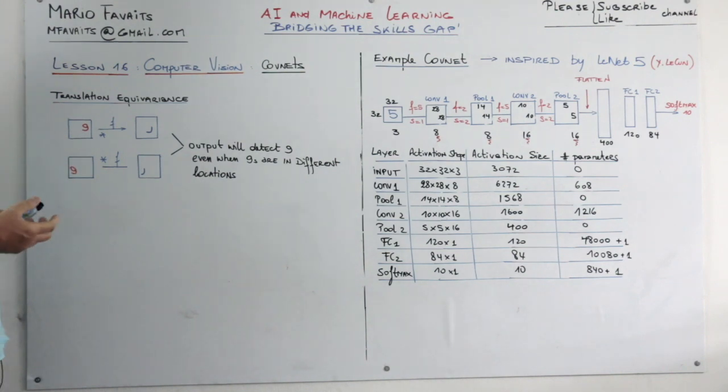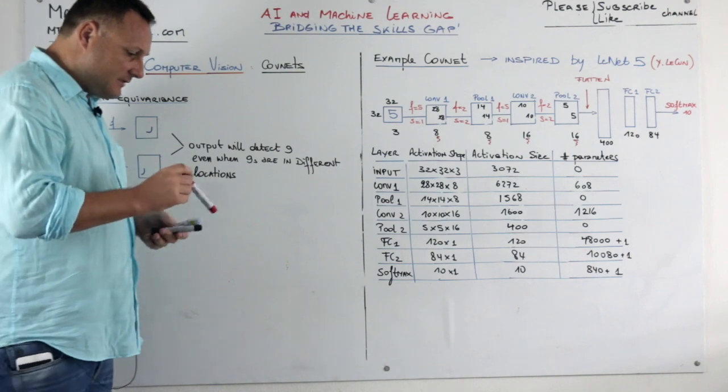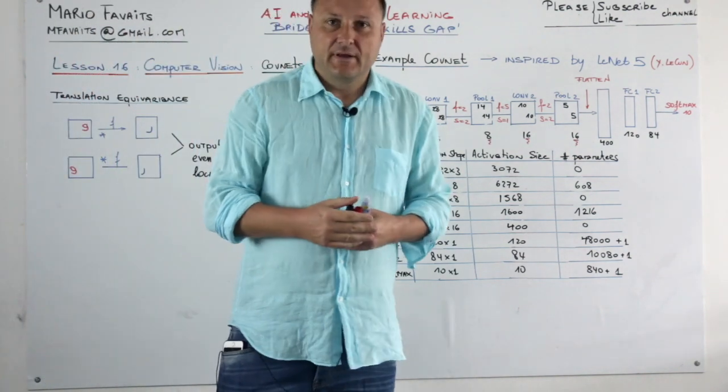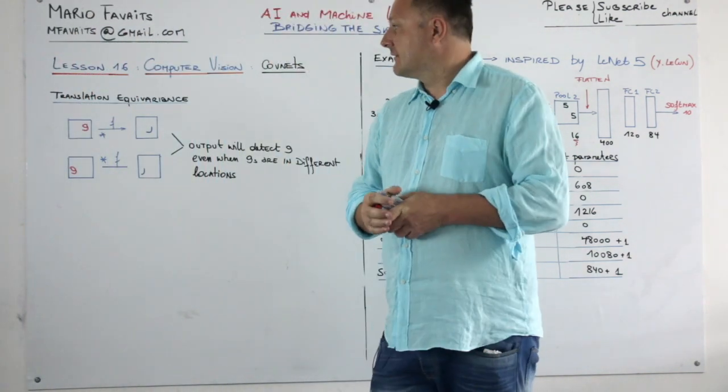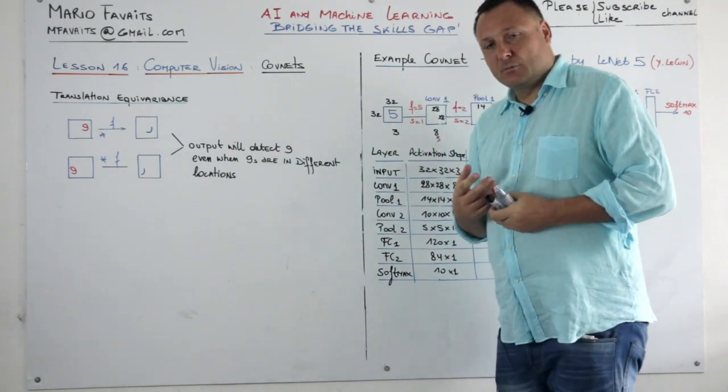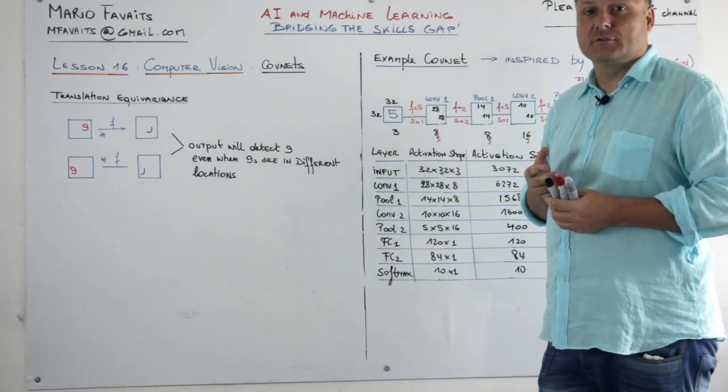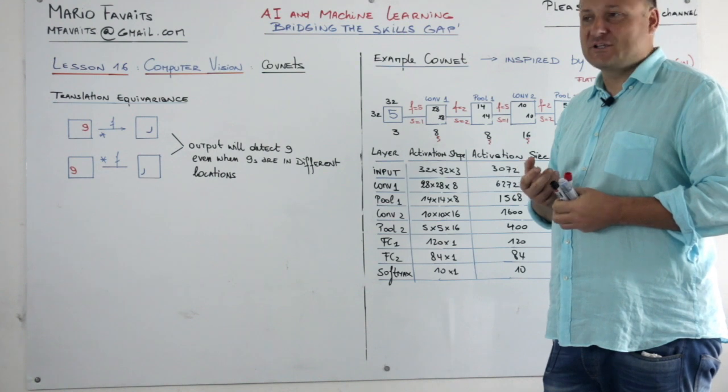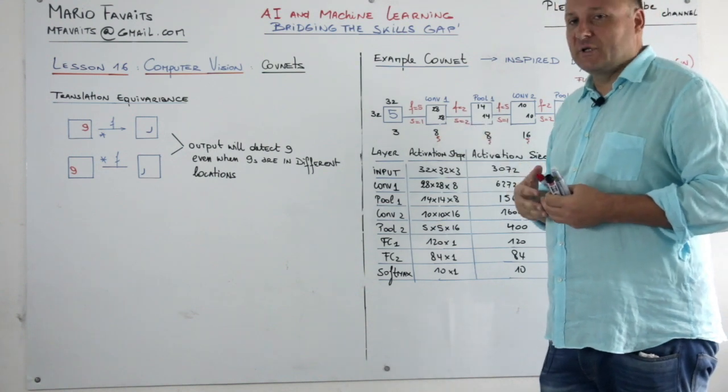So that means equivariance. And then there is another little secret I need to mention, which is that technically what we're doing is not convolution, we call it cross correlation. Why aren't we doing convolution?